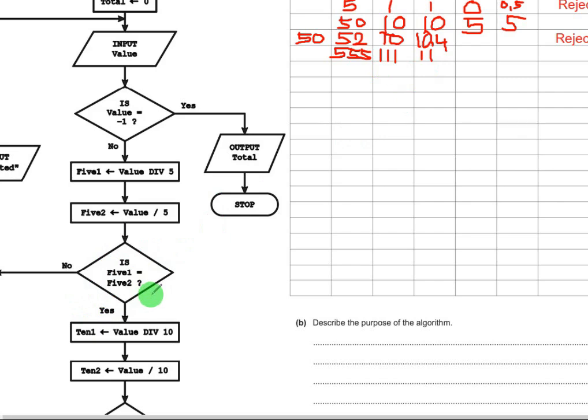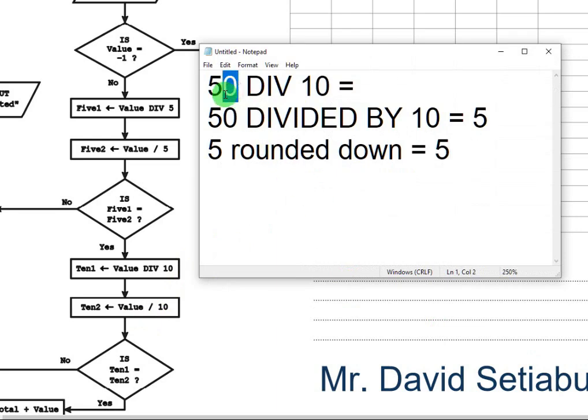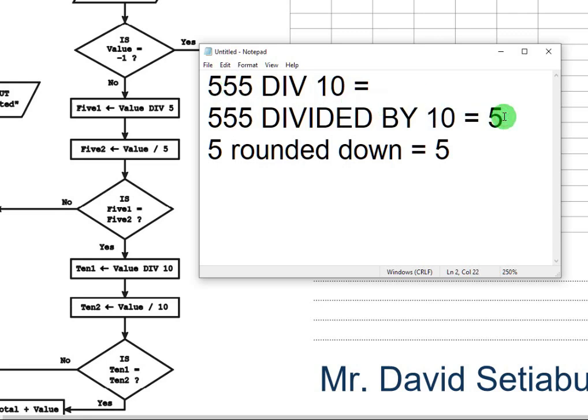So it will go down. 555 div 10. 555 div 10 means 555 divided by 10, so it's 55.5. 55.5 rounded down will be 55.